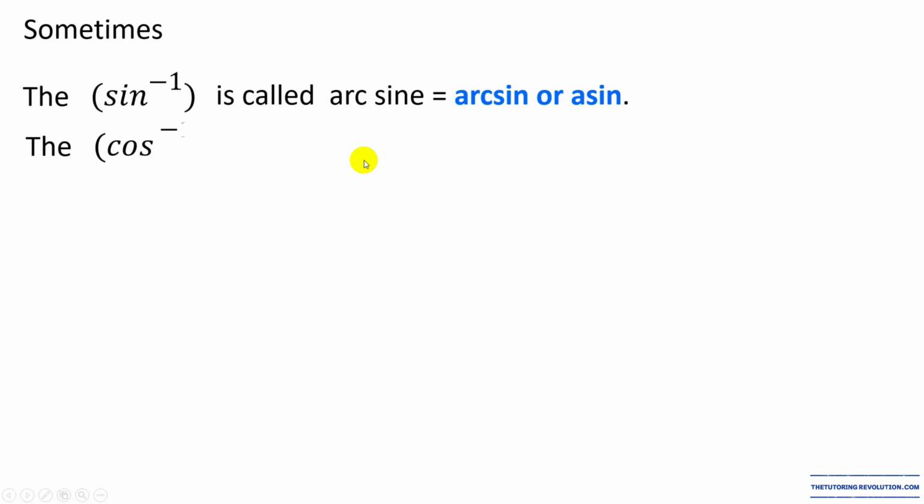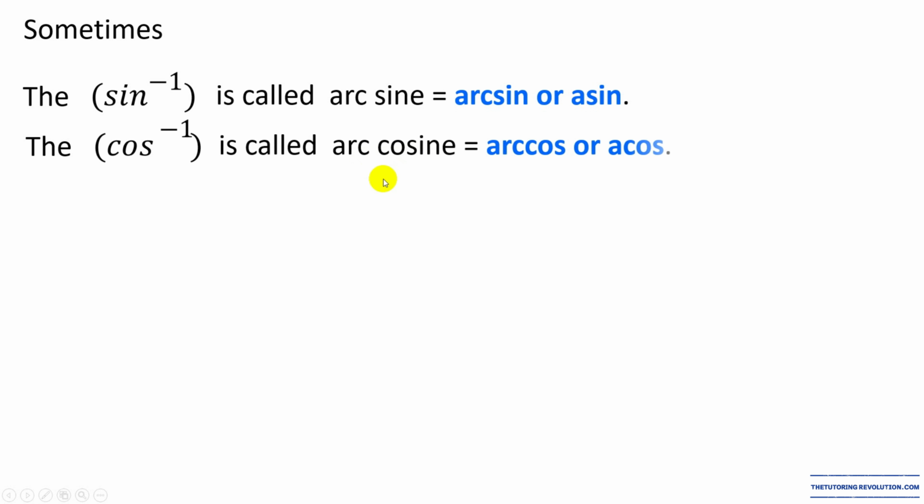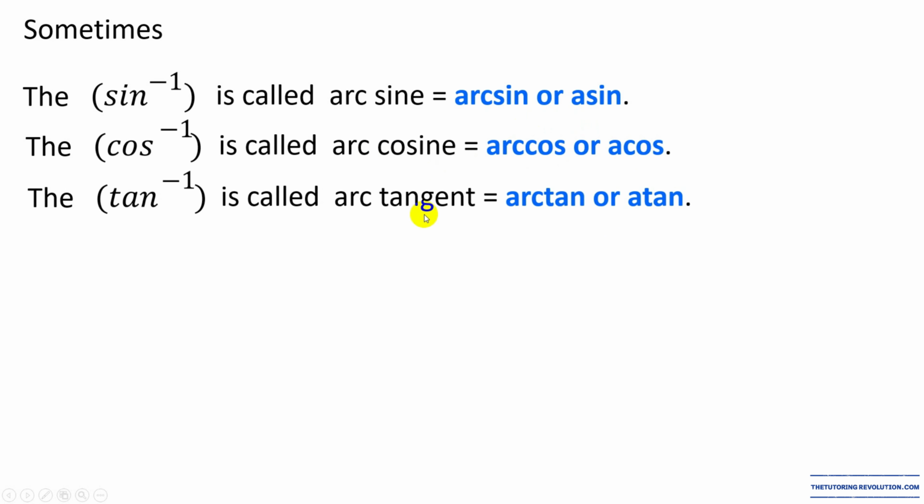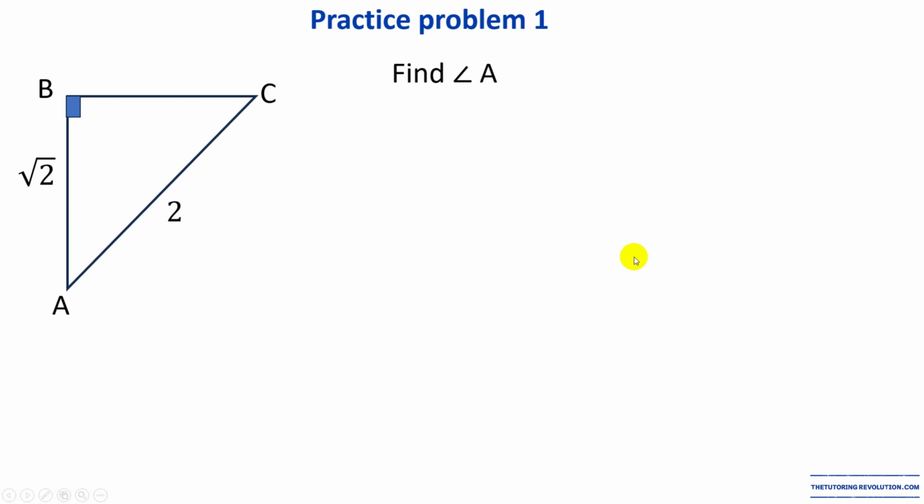The cosine inverse is also called arccosine, and these are the abbreviations that you can see in your calculator. And finally, the tangent inverse is also called arctangent, and these two are the abbreviations you may see in your calculator. Okay, let's go into practice problems.